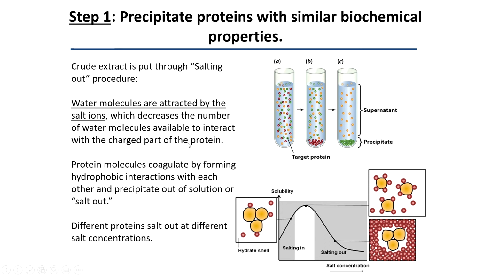If protein molecules lose the ability to interact with water, they will start to coagulate by clustering together with each other. And when that happens, this is called salting out. So here's our salt concentration on this axis, and this is the solubility of the protein.